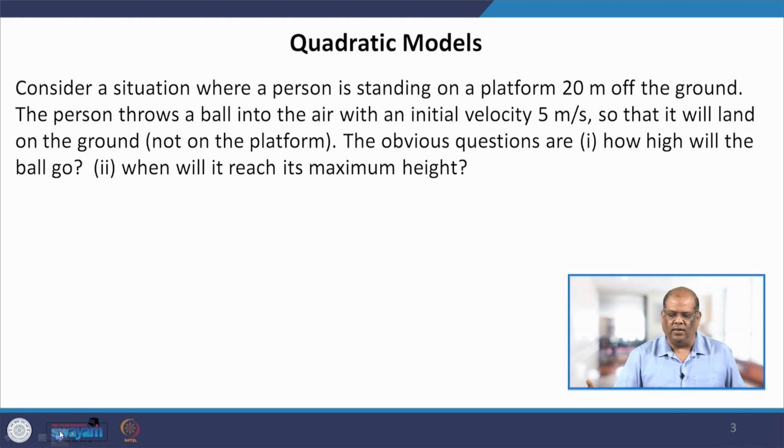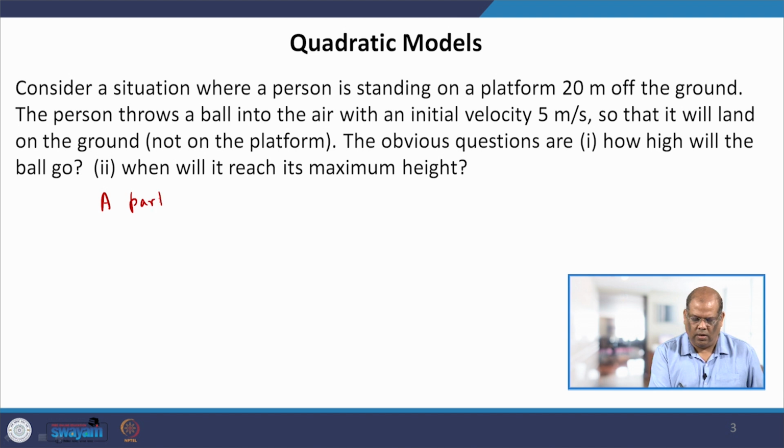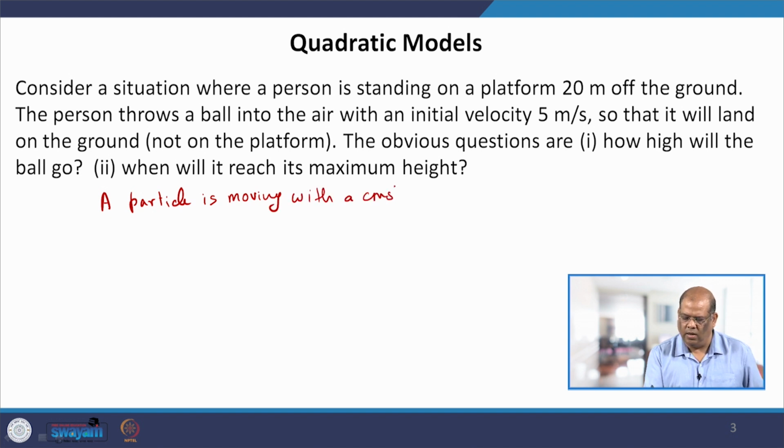So, let us take the example of a quadratic model. Before I go into this model, let me start by considering the case, say, a particle moving with a constant acceleration.